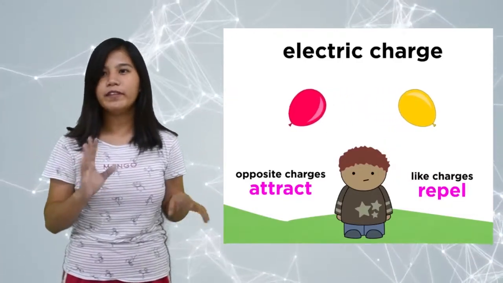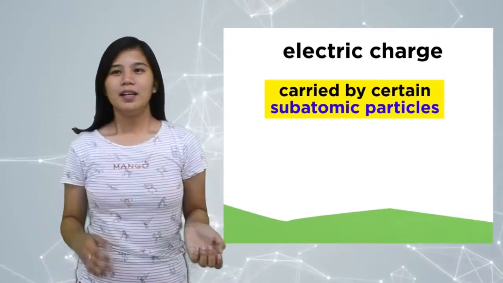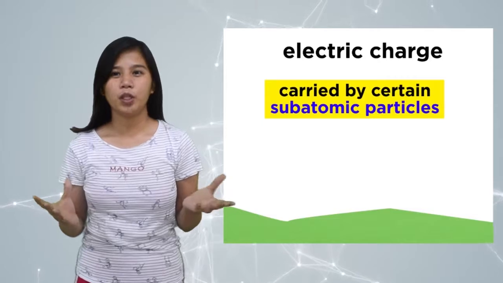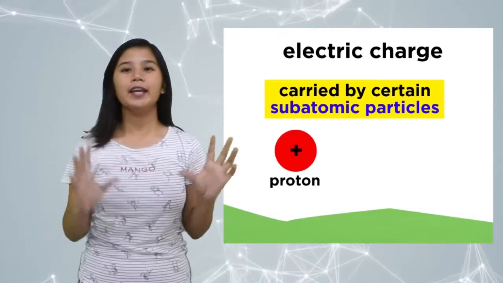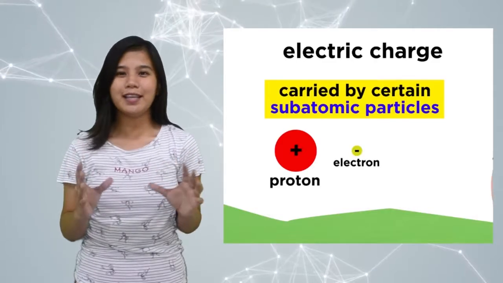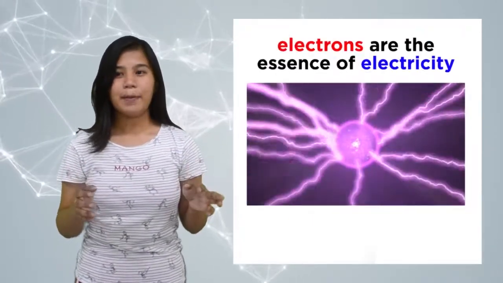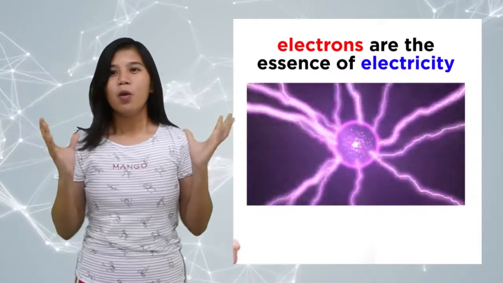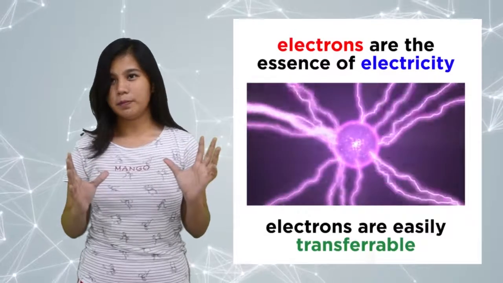This property of electric charge is carried by certain subatomic particles. The most common of these are protons, which are positively charged, and electrons, which are negatively charged. Along with neutrons, they make up the atoms in the universe. As it happens, electrons, which are the essence of electricity, are easy to transfer.